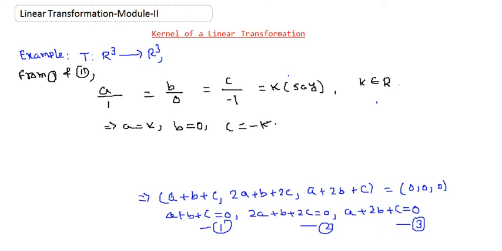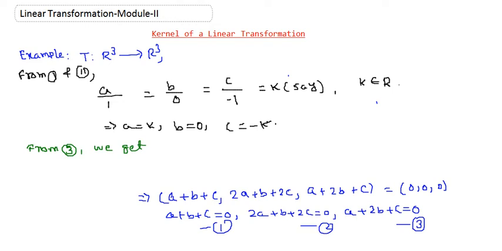So from equation 3, let me write it down. Sorry, I wrote Roman 2 over here and the numeral 2 there, but it is the same thing.